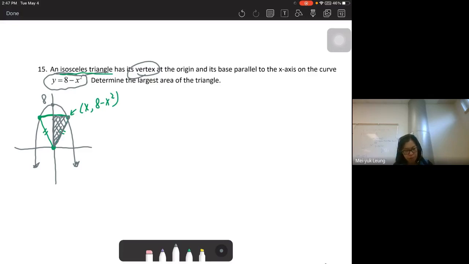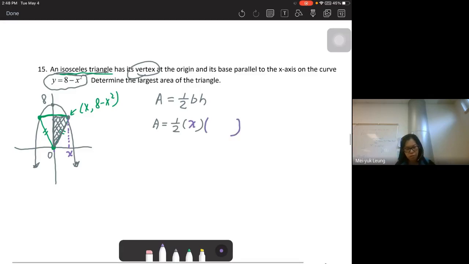So I'm going to set it up based on that. First of all, I'm going to write the equation for this half right angle triangle. It's still going to be 1/2 base times the height. So what is the base of this triangle? The base is all about the x value, right? From 0 to x, this is the base. So we have 1/2 x, and then times the height.